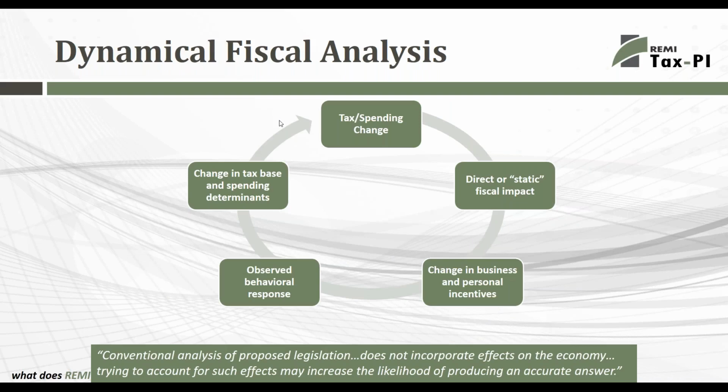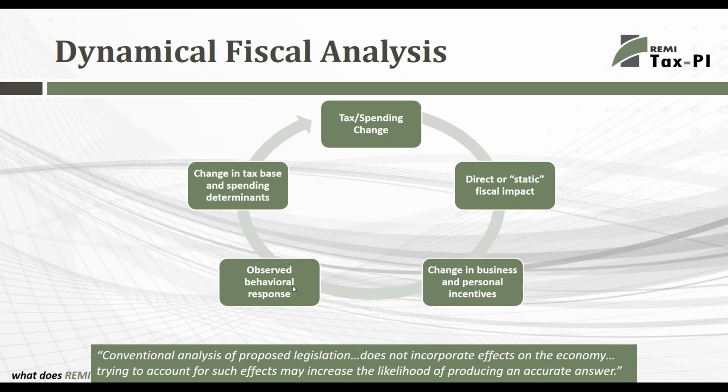All right. So there could be some direct or indirect fiscal impact, right? Because of that, you will see some changes in business and personal incentives. Then again, you observe some behavioral responses accordingly, right?